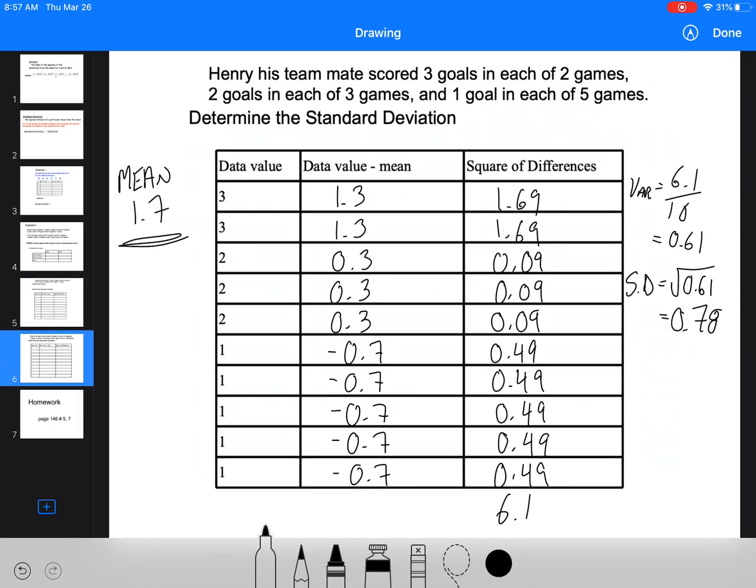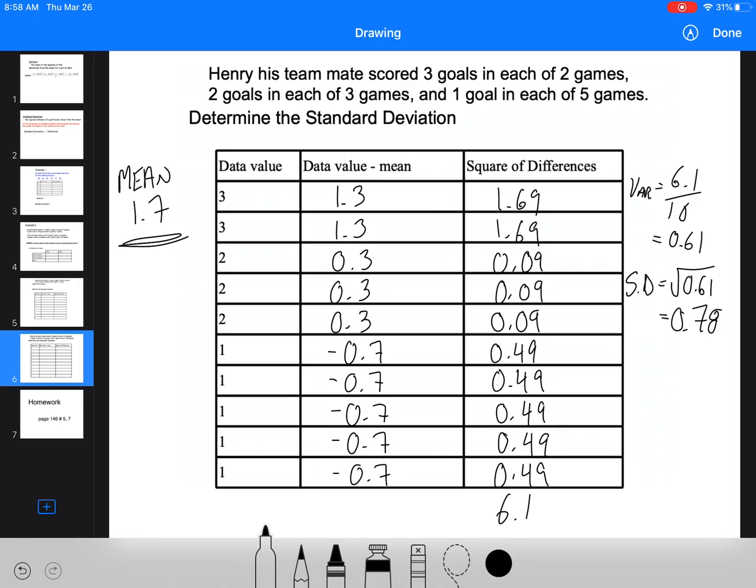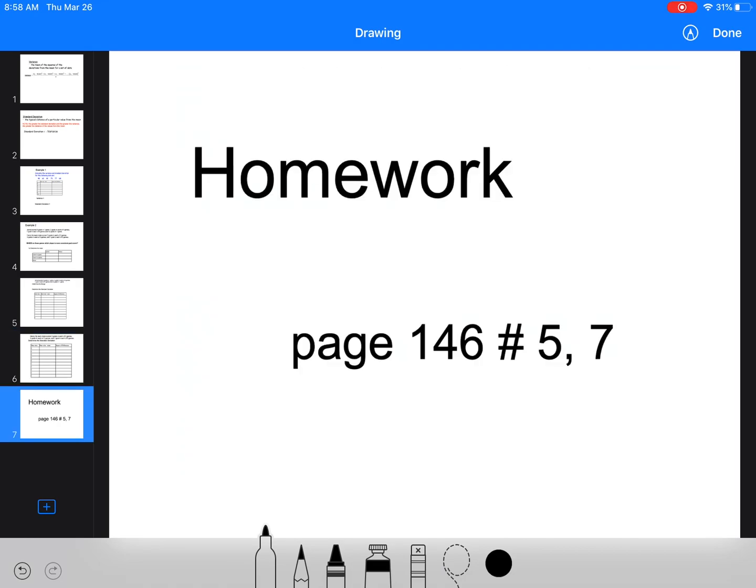So his standard deviation is larger, so he's not as consistent. So Henry is almost consistently going to score you at least 1, if not 2 goals a game, whereas Jared could score you 0 or up to 3 goals a game. So Henry is the more consistent player, and you'd probably call him the best.